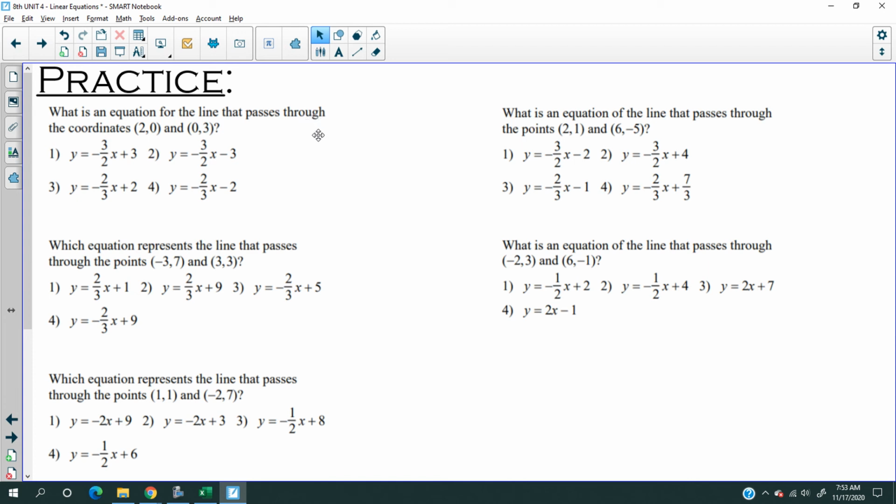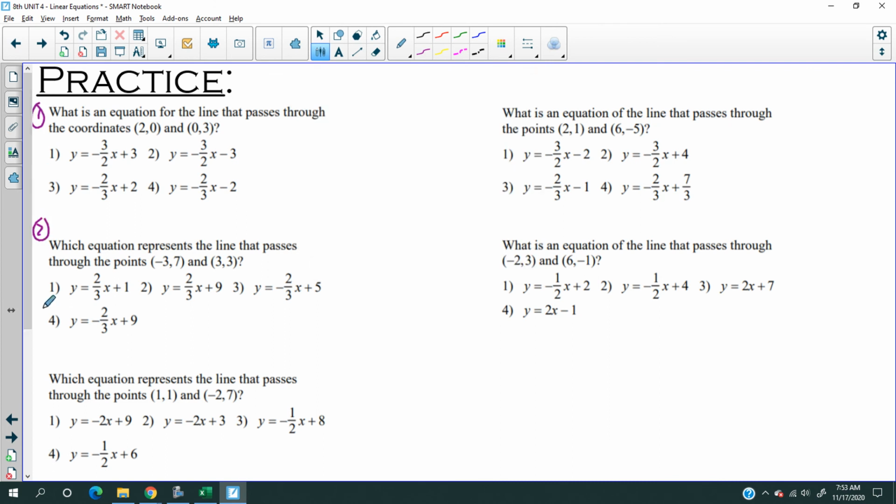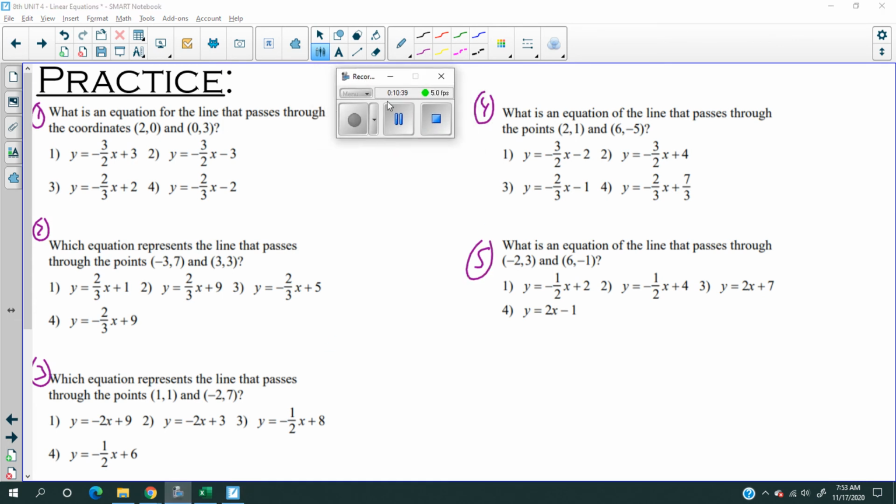On the Regents, they're not gonna give you questions by topic, not in an order, right? So having said that, try these 5, and then when you come back, I'll show you the answer key. So press pause right now.